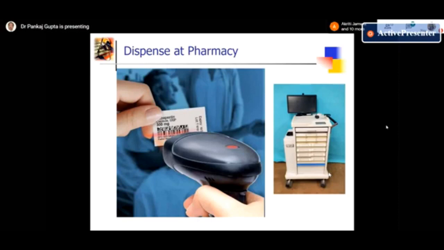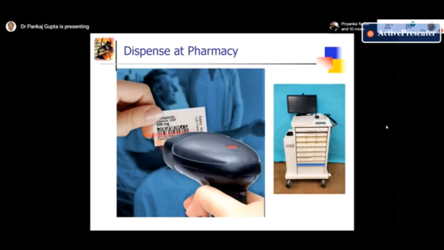When you go and see an ideal implementation, the drugs will be put into bottles, and it could be liquids, tablets, injectables, whatever. The label on the bottle will be a barcode printed label. The pharmacist will print it, put it on the bottle, and then scan it with a barcode scanner.